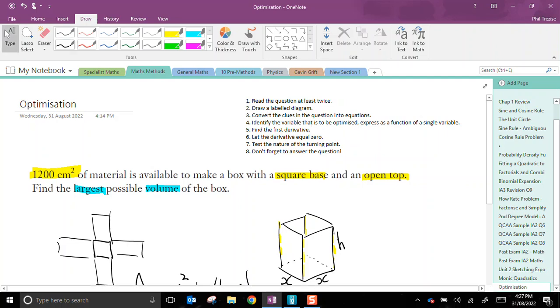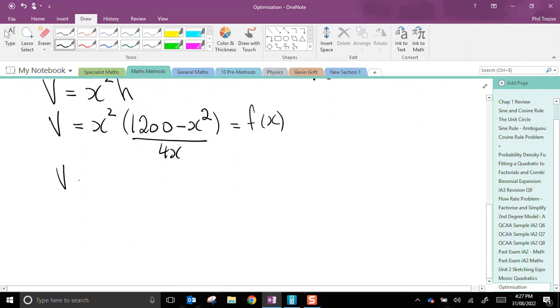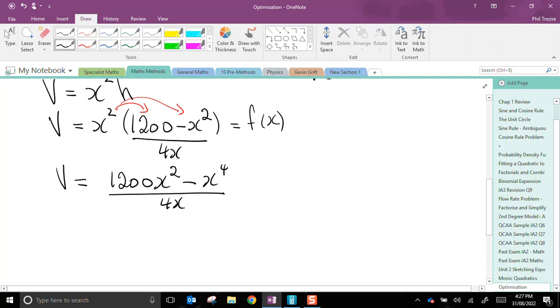We find the derivative. Okay, that sounds like something we can do. We would probably tidy up a little bit first. I'm going to multiply x squared through this brackets. I would have 1200 x squared minus x to the 4th, all divided by 4x.